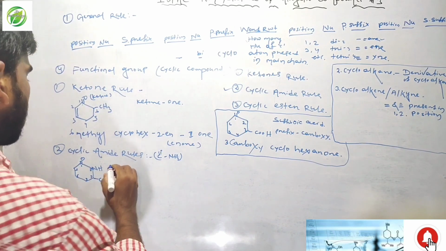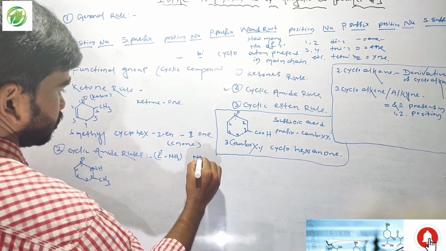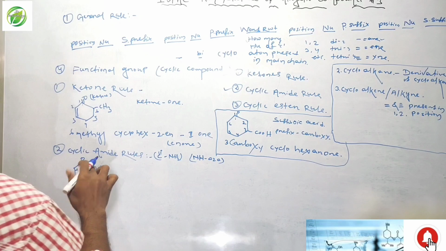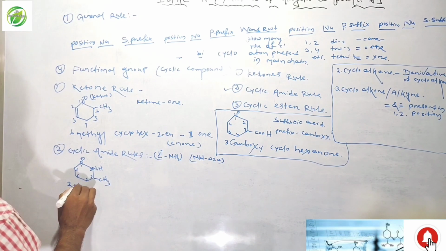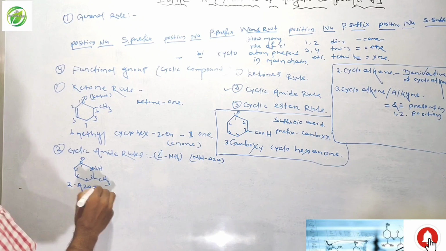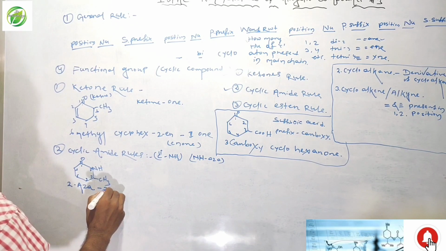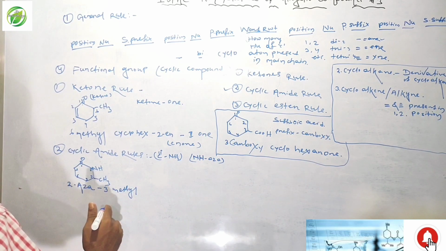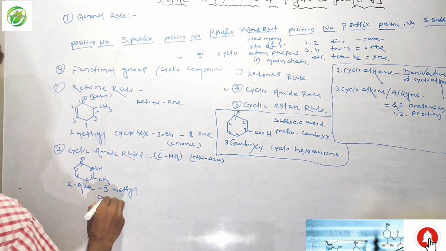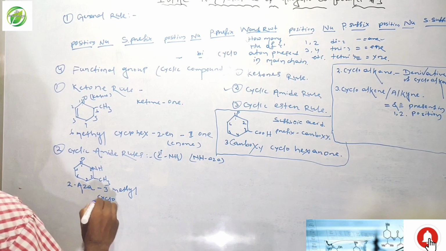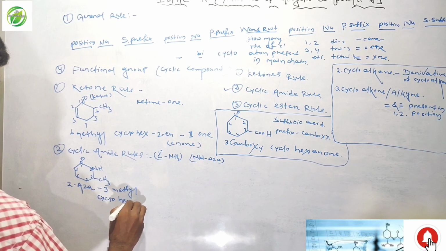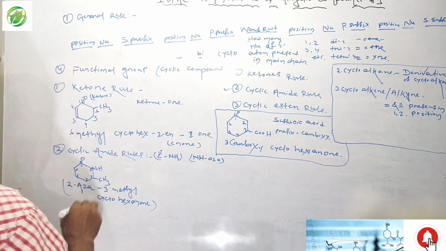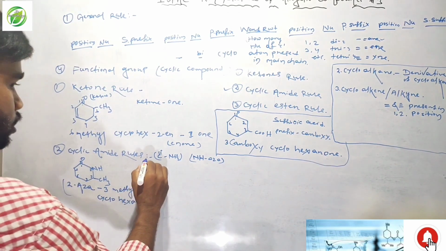For amide we use aza. So this is second position, 2-aza. Third position, methyl, 3-methyl, and this is cyclo. Cyclohex for ketone, one. This is the resultant name of this compound.